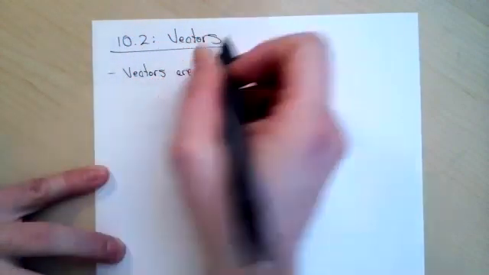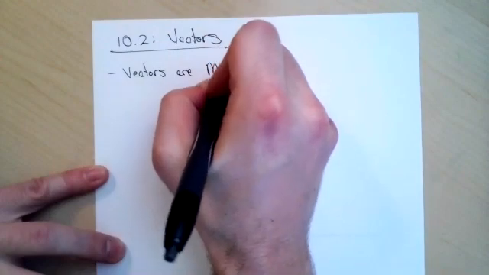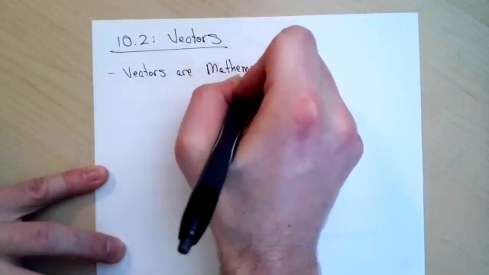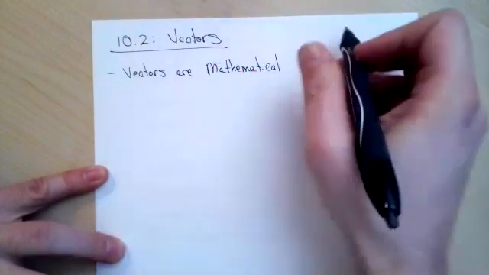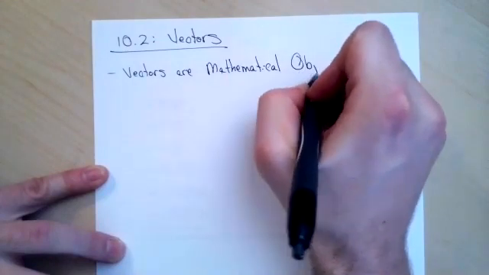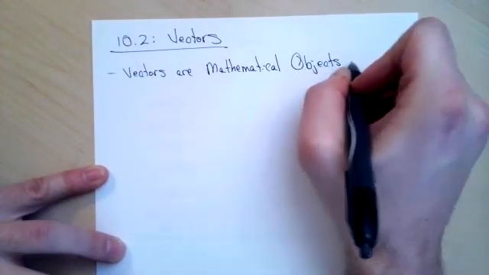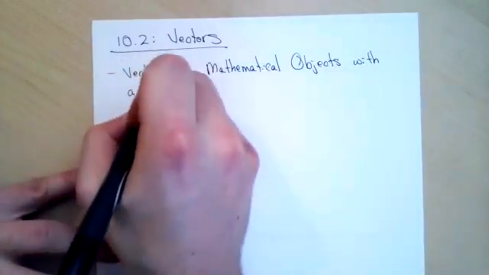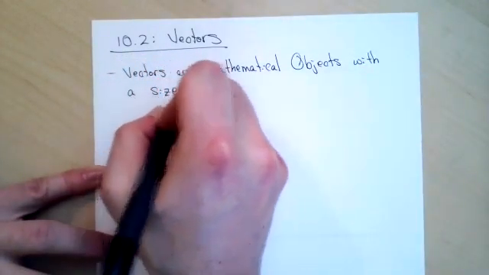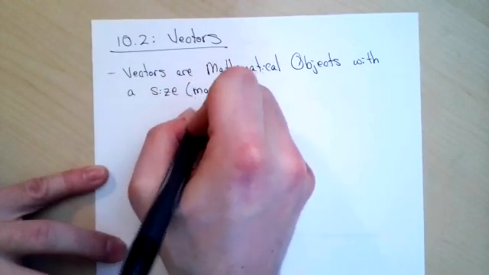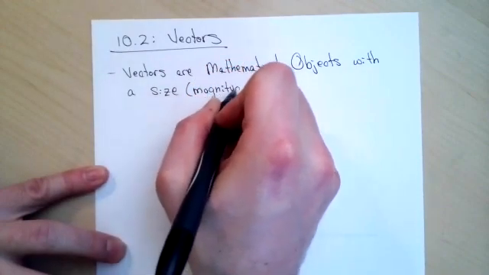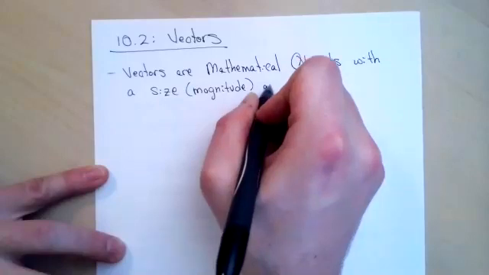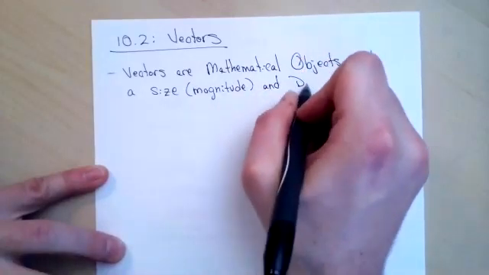Vectors are mathematical objects with a size, which we call the magnitude, and direction.